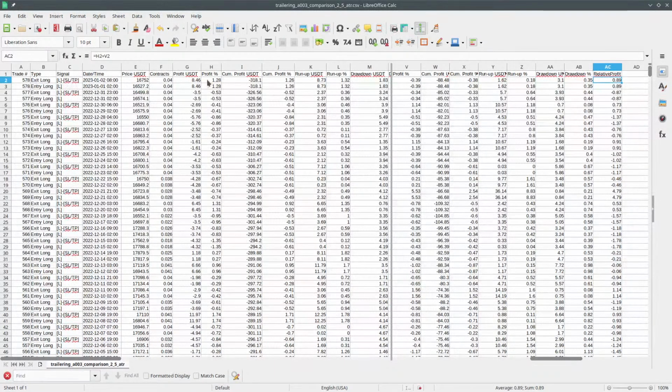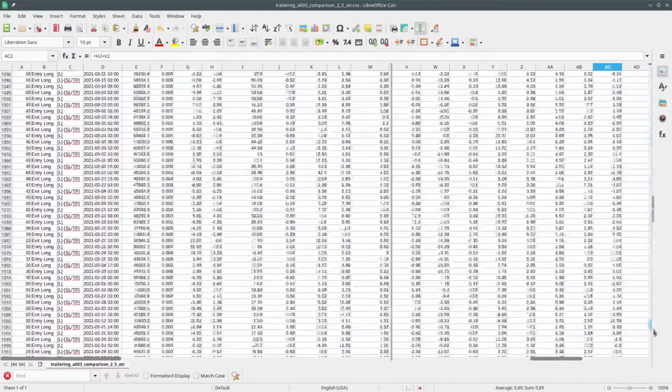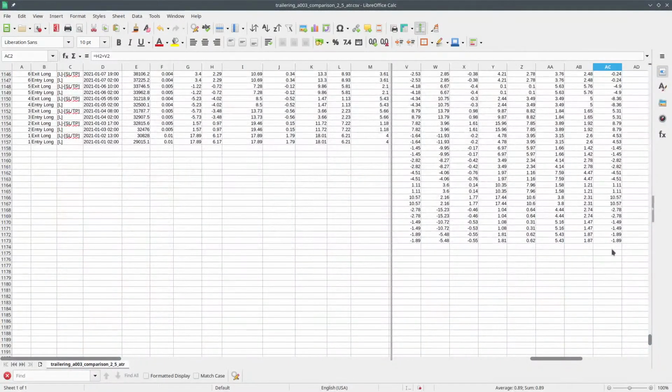I'm not sure if this is the profit for the trade or something else, but we want the profit for the trade, not for our total capital. But that's the idea. So you can just sum everything here and see what happens in the end.